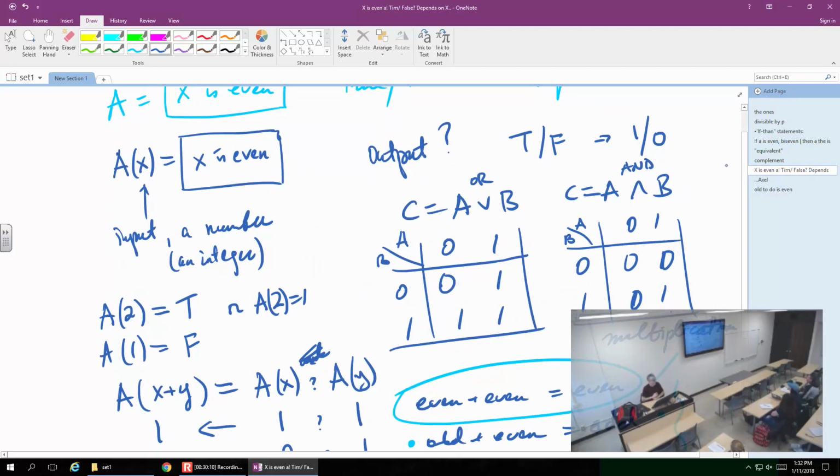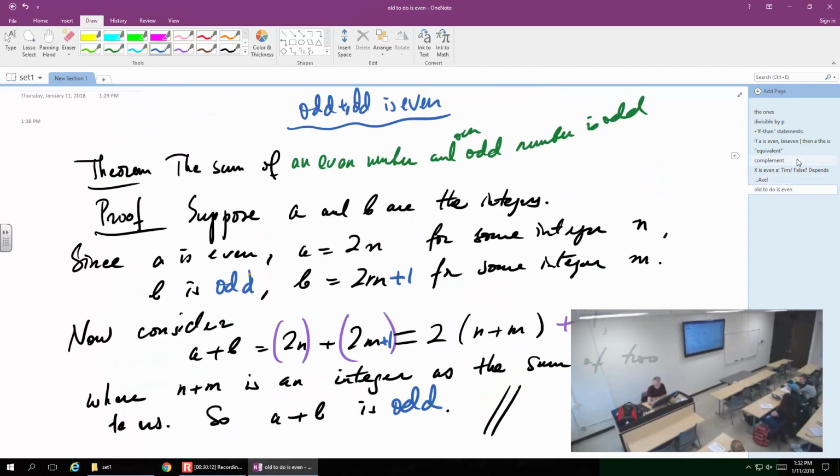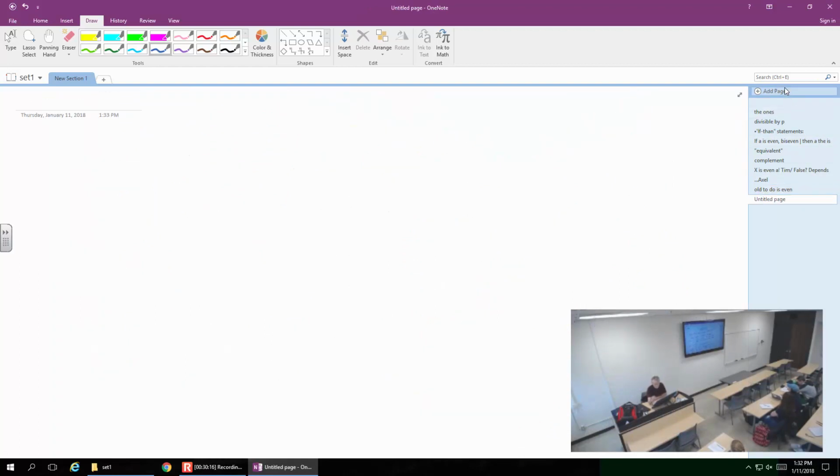A of x means x is even. Okay, so let's start over. The first statement is even plus even is even. So the statement A of x is: x is even.